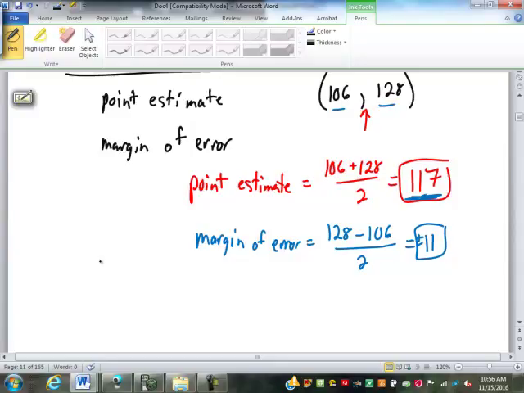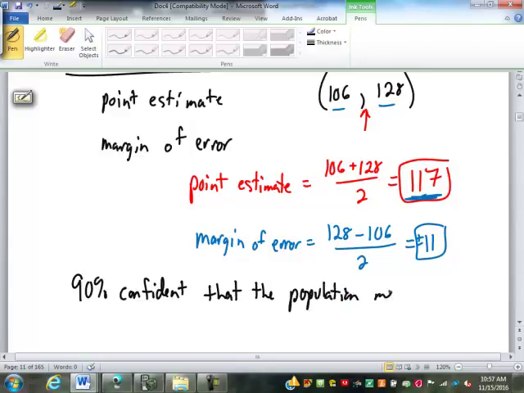No, what it means is we are 90% confident that the true population mean is between 106 and 128.